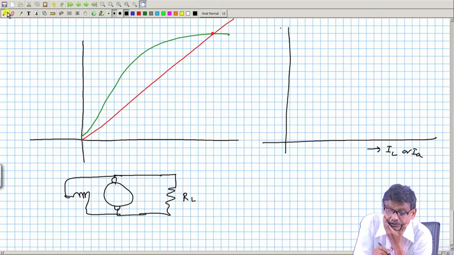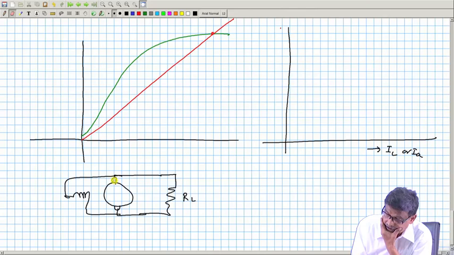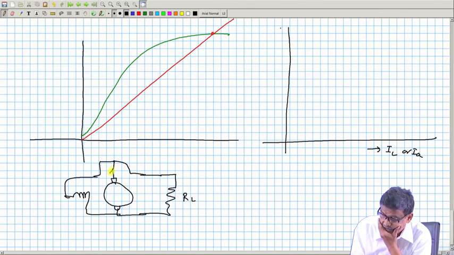Oh, I am sorry, so that I can show you the armature current as a separate thing, it is always better. So this is parallel here and this is this. So this is your IA, this is your IL and this is your IF.